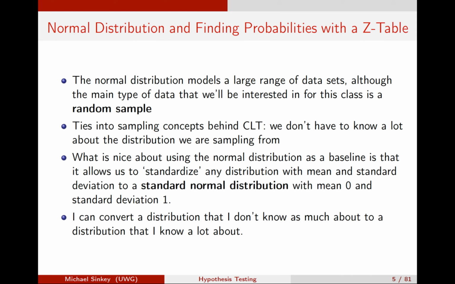Do I pick the data points that I want? No, I gather randomly. And how do I analyze that data? I can use a normal distribution. So what we do is we model many random samples as being normal, and then we evaluate probabilities associated with those samples using a standard normal distribution with a mean 0 and standard deviation of 1.